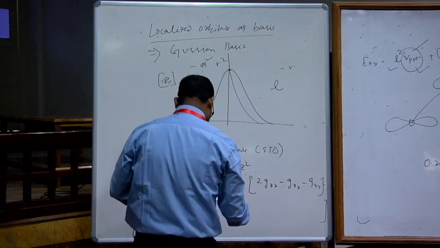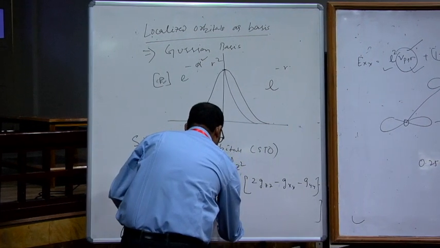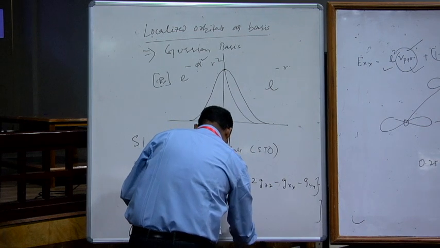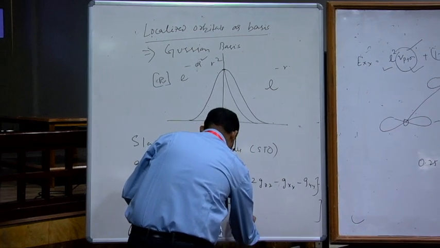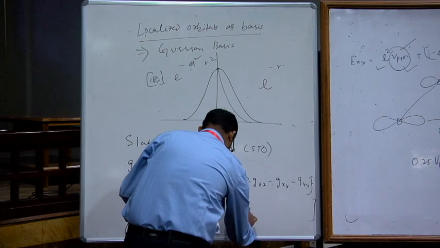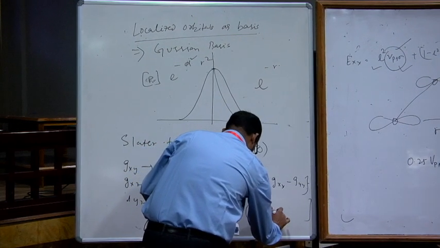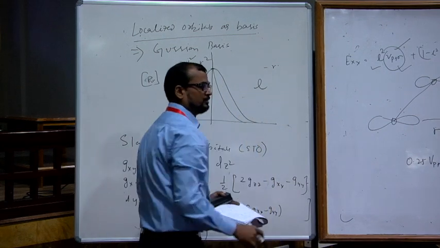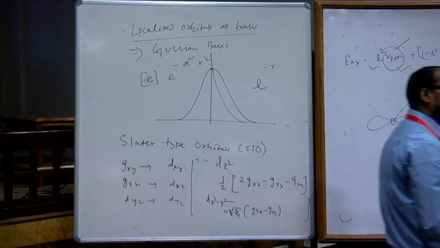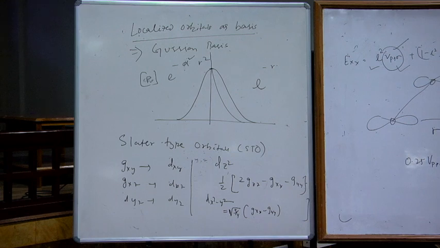Similarly, if you want to produce d_x square minus y square, then it is something like root 3 by 4 times g_xx minus g_yy. So on you can produce the f orbital and so on.